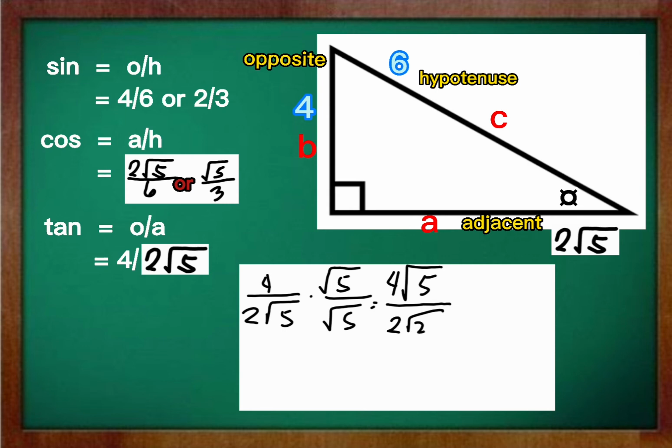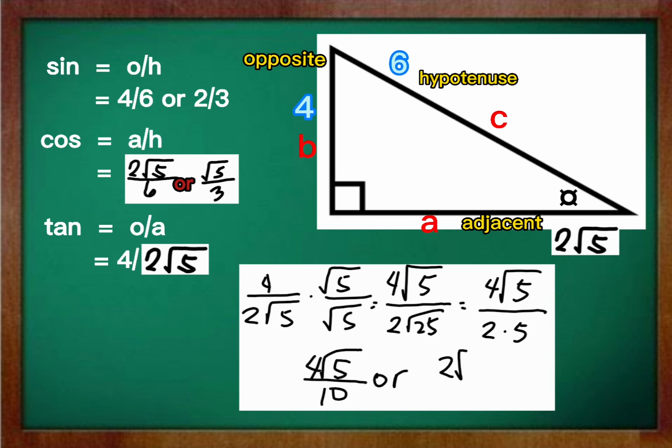That's 4 square root of 5 over 2 square root of 25. The square root of 25 is 5, so multiply by the whole number. That's 2 times 5. So the answer is 4 square root of 5 over 10. Or we can still simplify 4 over 10. That's 2 square root of 5 over 5.